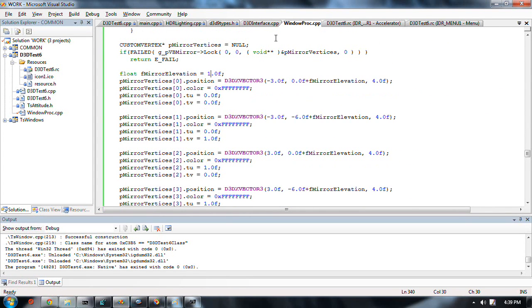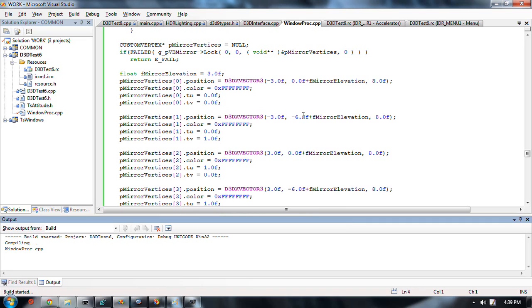How about we move it up to 3, and we could move it away or closer. Let's try it like this. No, I want to try this far away, 8. Just curious to see. So now it's pretty much centered on the z-axis, but it's really far away, and we'll never see it.